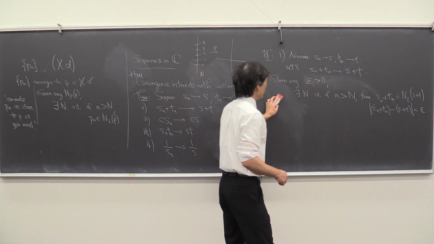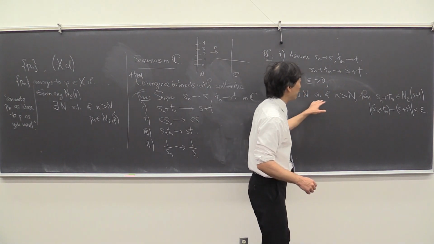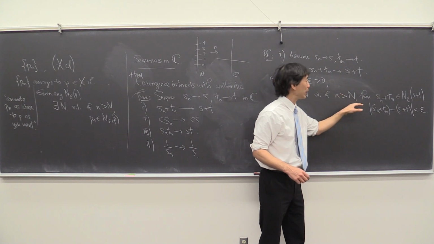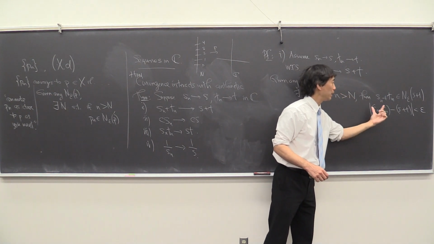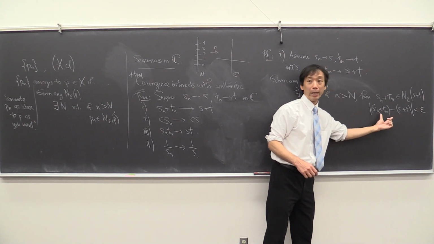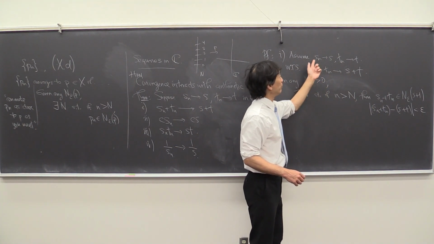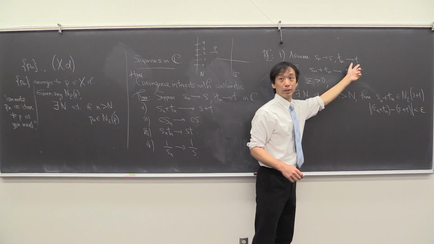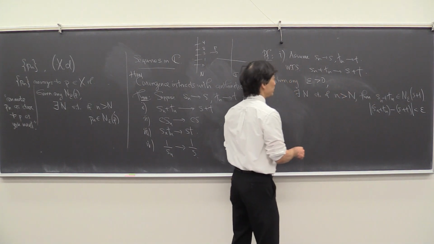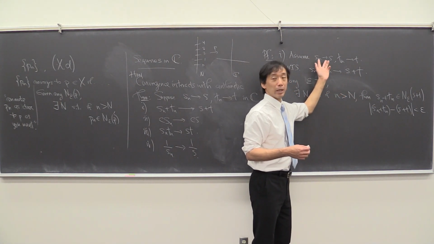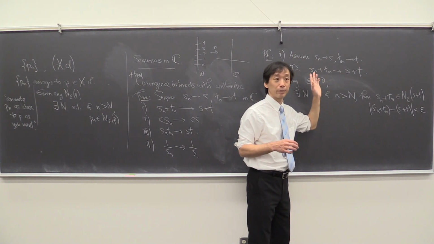Okay, so we're trying to show that there's some time past which these guys are close together, right? What do we have? We have that we can make this as close to this as we want. We can make this as close to this as we want, right? So what are we going to do? How close are we going to? Did anybody see how we should do it?